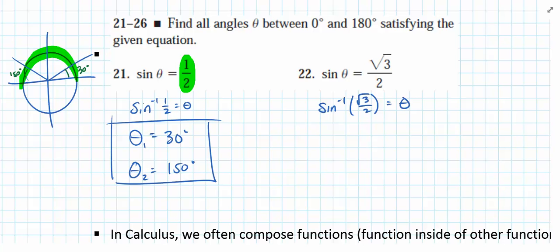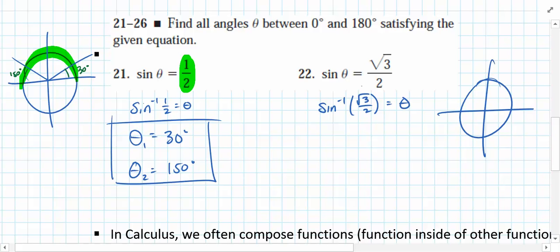Similarly, for this next example over here, if I draw a quick unit circle, I'm looking for any y value that's equal to the square root of 3 over 2. So that would be a position here and here. And this first angle measure would be 60 degrees. The next one would be 120 degrees.